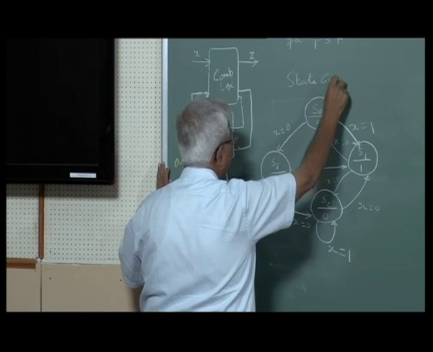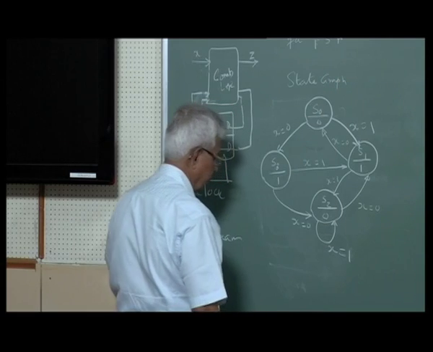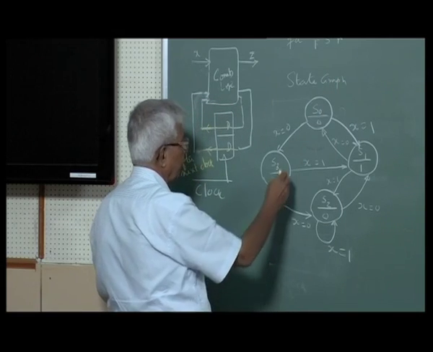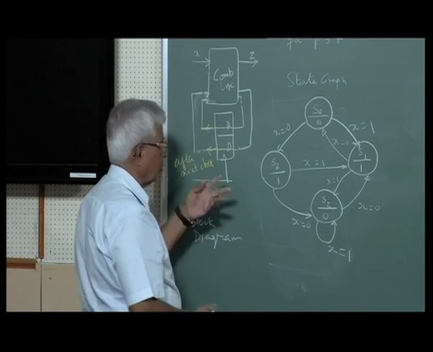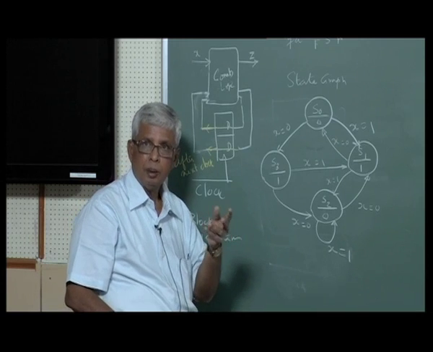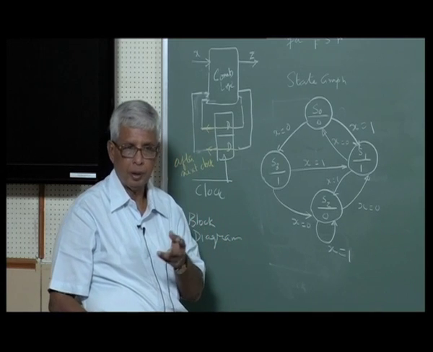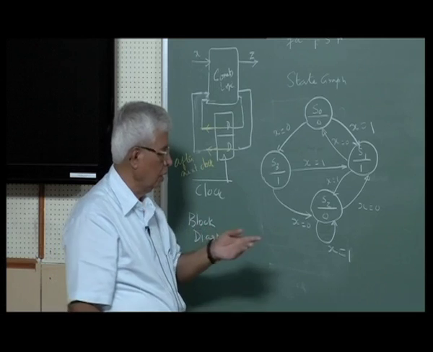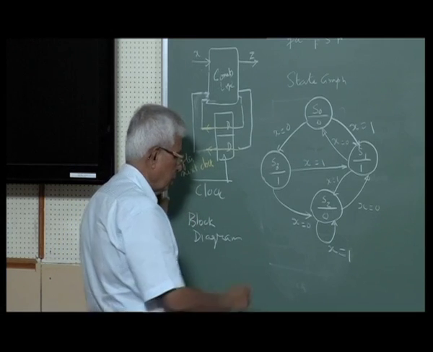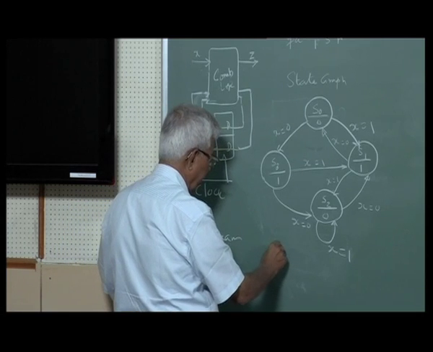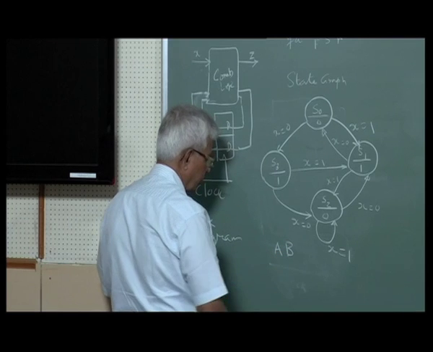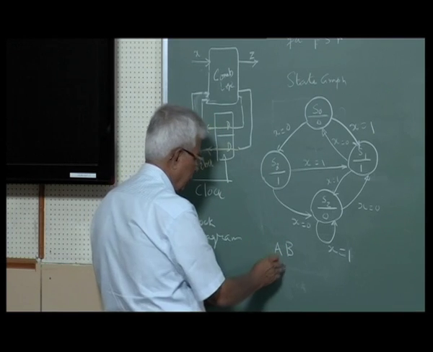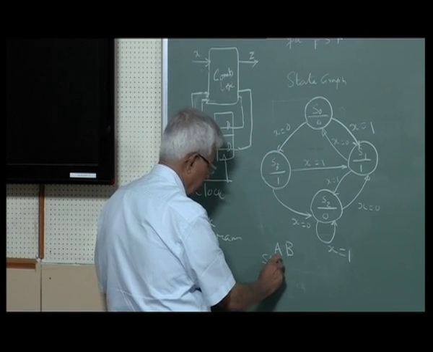Next is the state table. Before that, only 2 flip-flops are required because there are 4 states. The number of flip-flops required is logarithm to base 2 of the number of states. 4 states, 2 flip-flops. So, we will call these flip-flops A and B. These are called state variables.